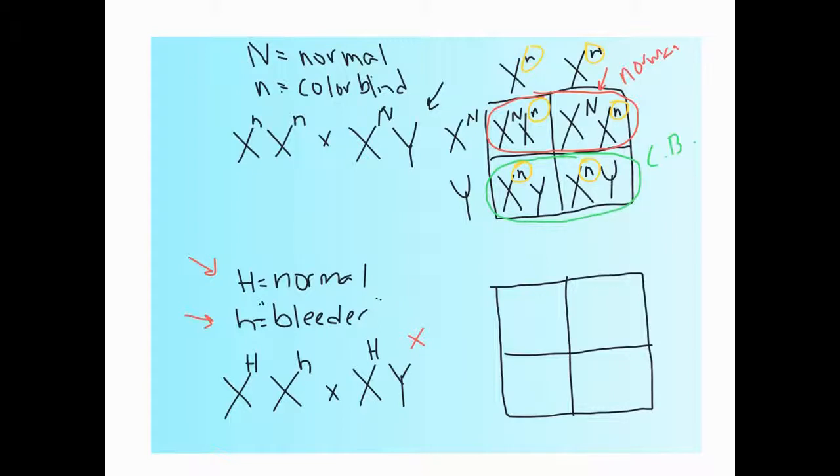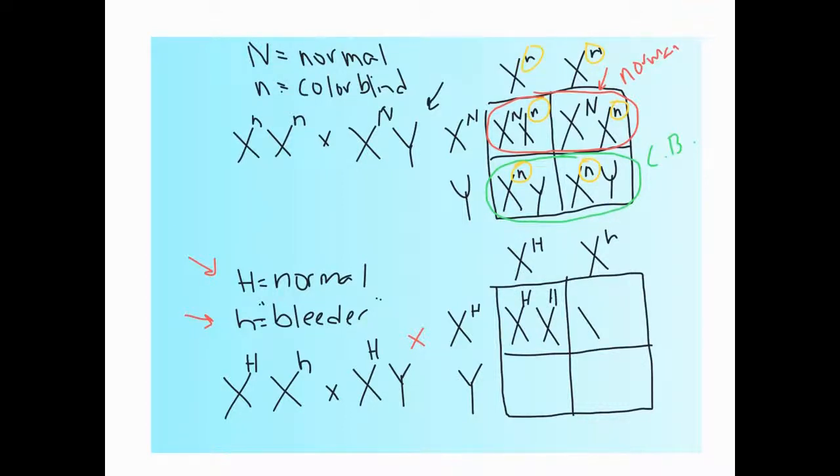All right, then it just becomes a normal Punnett square. Let's put the female on the top. X, big H, X, little h, recessive. Male on the side. X, big H, and his Y. Filling it in. X, X. These are going to be both big H's.